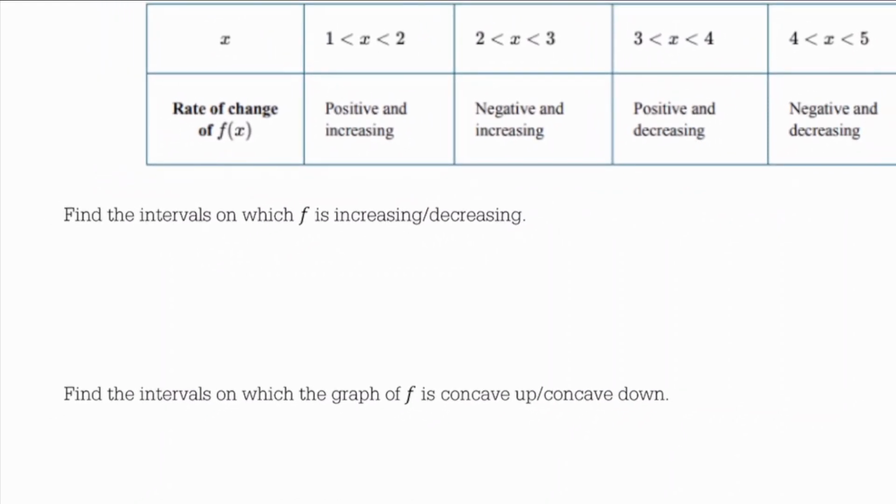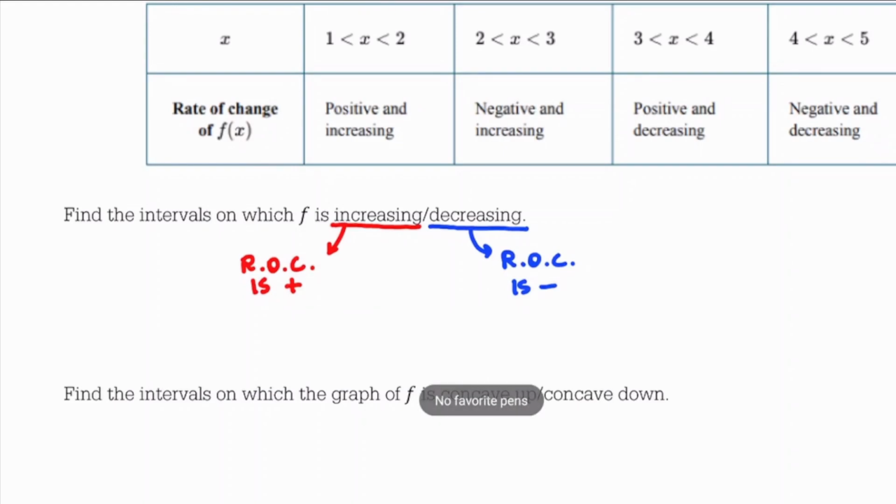So f is going to be increasing when its rate of change is positive, and f will be decreasing when its rate of change is negative. So I'm just going to look for that in the table. All right, rate of change is positive here and there. So that means from 1 to 2, just like it told me, and 3 to 4.